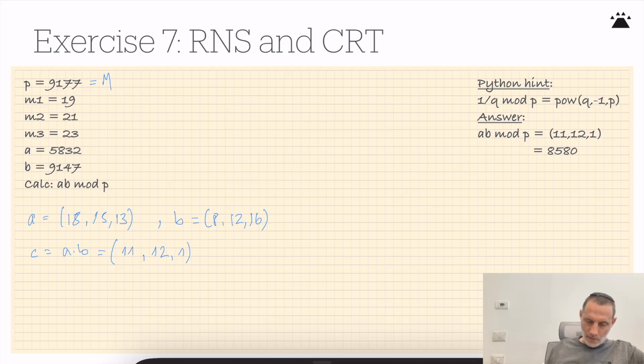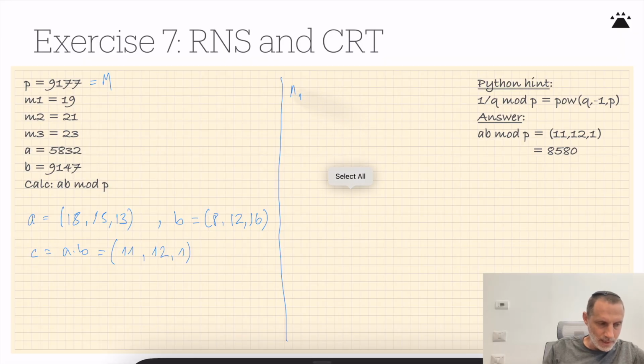For that, we need to compute the big M's, and then the mu's. M1 is the product of small m2 and small m3. Again, I'm not going to go through all the computation, I'll just give you the final answers. Big M2 is 437, and big M3 is 399.